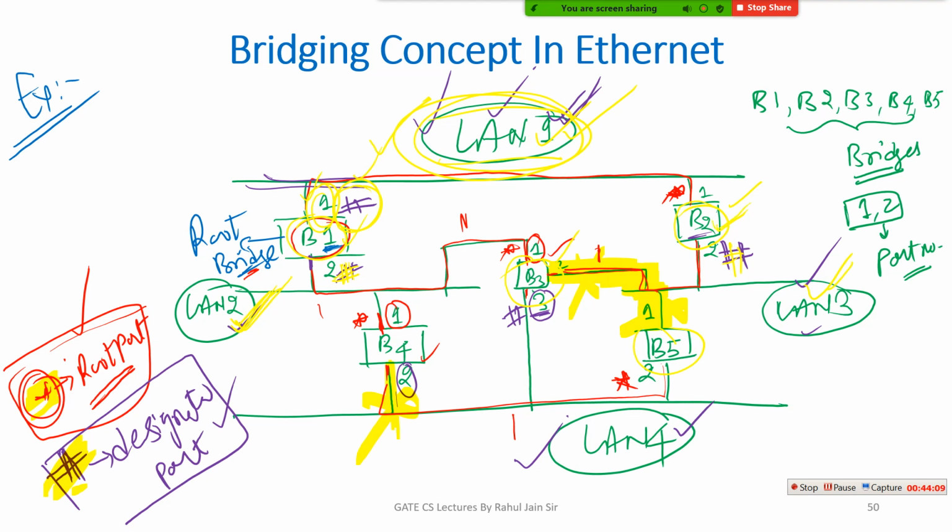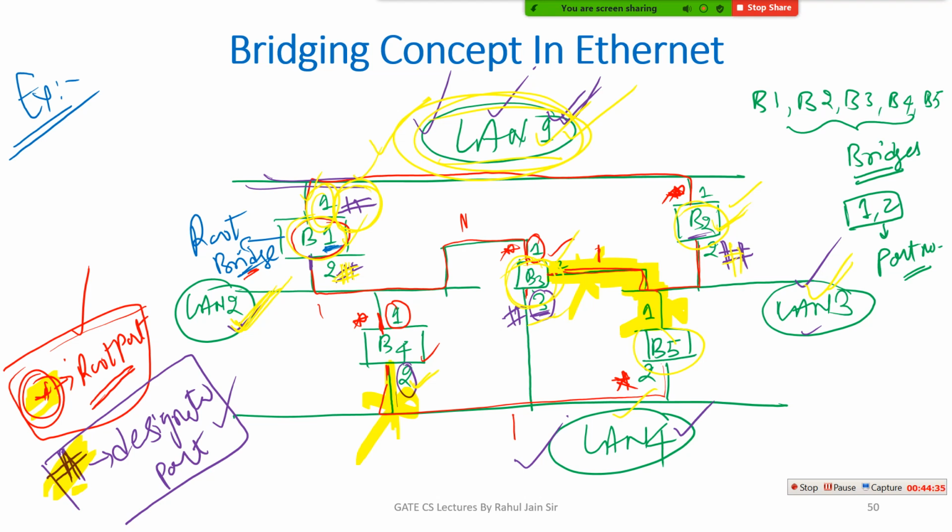Now for lane 4 I have chosen the third port of B3 as the designated port. However, I can also choose the second port of B4 as the designated port, but I chose the third port of B3 as the designated port for lane 4. Right. So these are the designated port entries. What you are asking, Manjit sir, is that we have to see from the root bridge which port is closest.